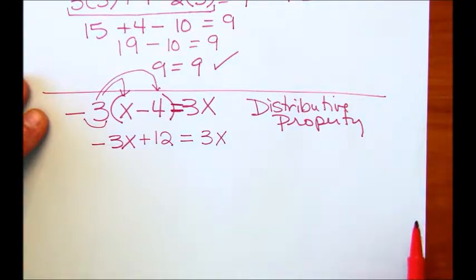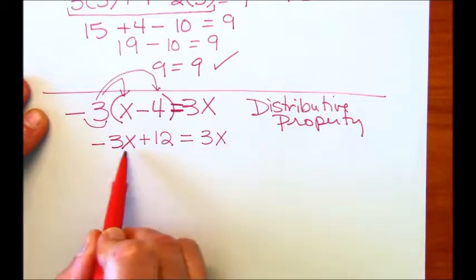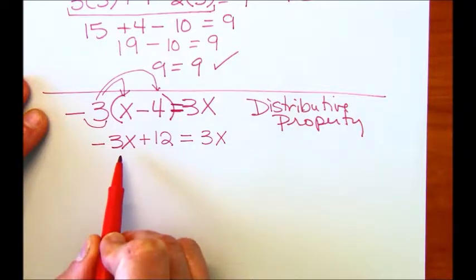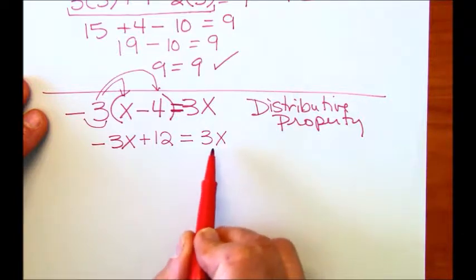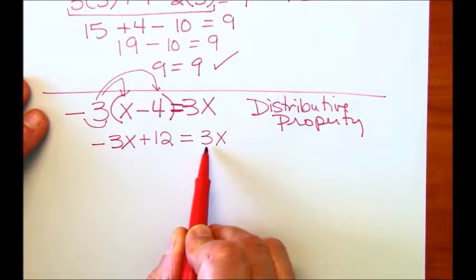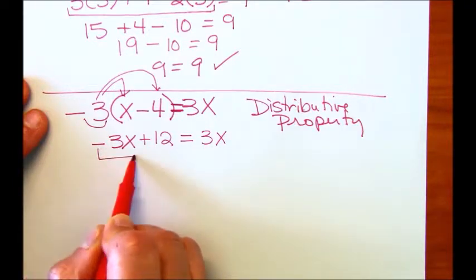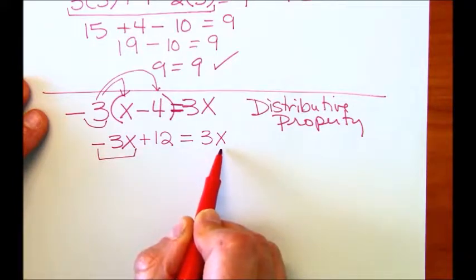Now in this problem, you'll see that the x value is on both sides. And our ultimate goal is to isolate the variable. That means we want it on one side of the equal sign. Because I don't have anything else attached to this x other than the 3, I'm going to move this 3x here over to the right side.